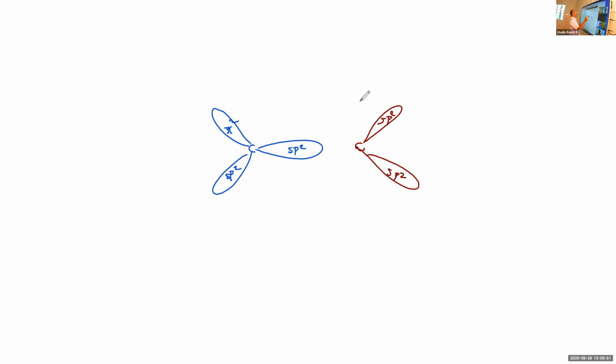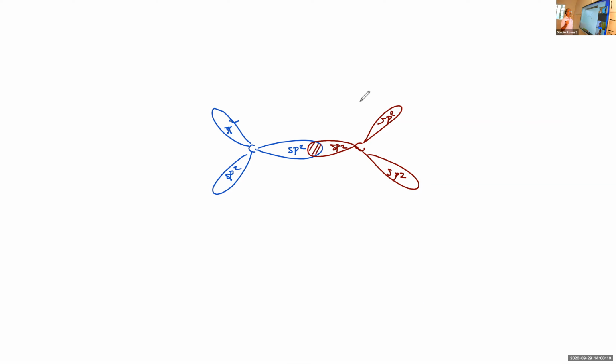Now what happens to the third sp2 hybrid orbital? The third sp2 hybrid orbital overlaps like this. See, this is the overlapping. One of the sp2 hybrid orbitals of each carbon overlaps coaxially.